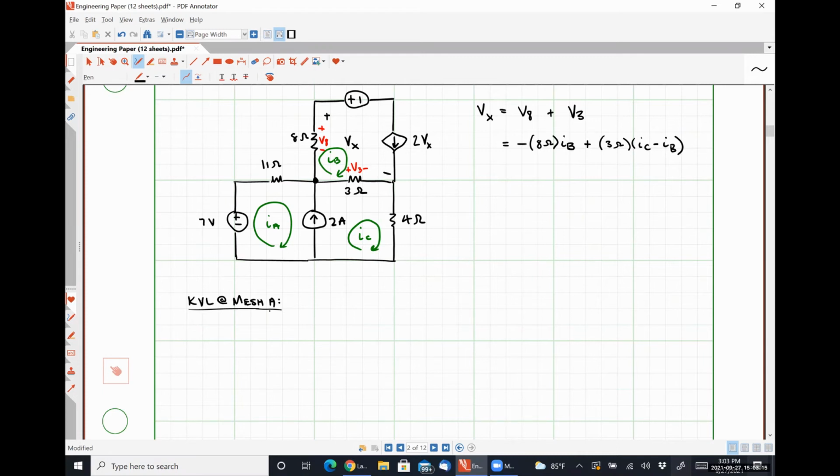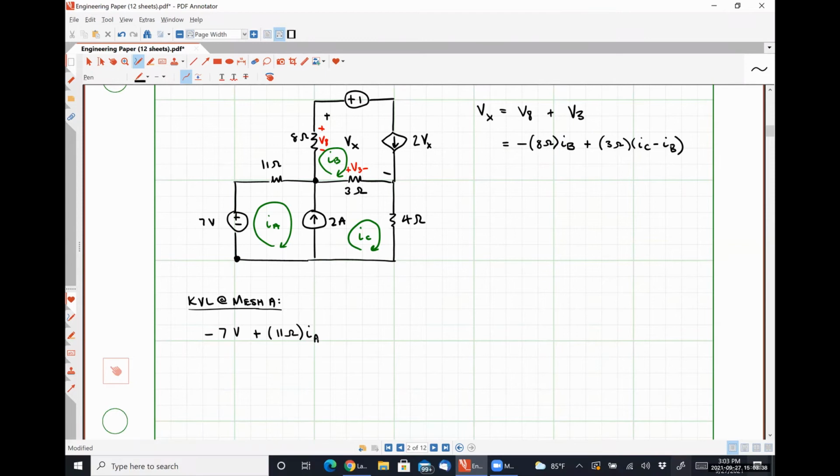All right, so for mesh A, starting at the bottom left-hand corner, I would have -7 volts plus 11 ohms times IA, and then I get to that little pickle that we talked about a moment ago.